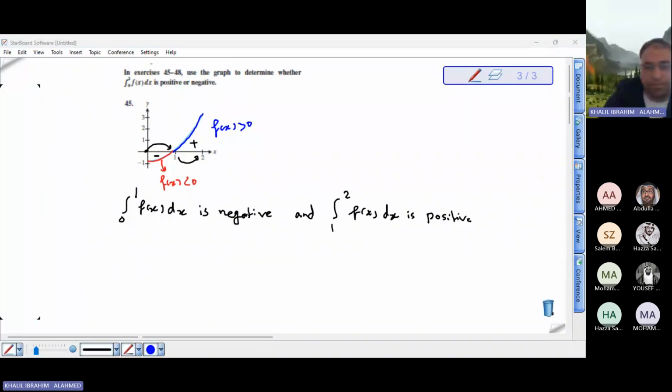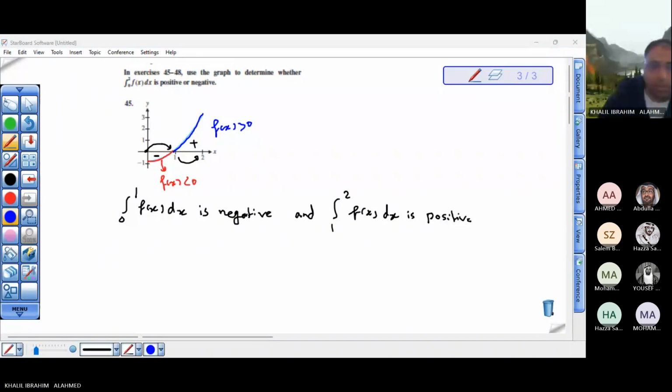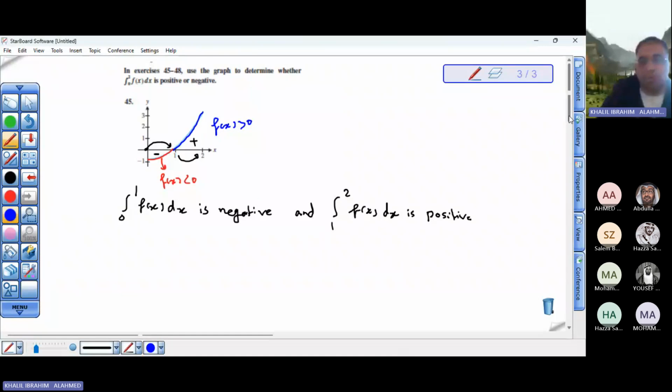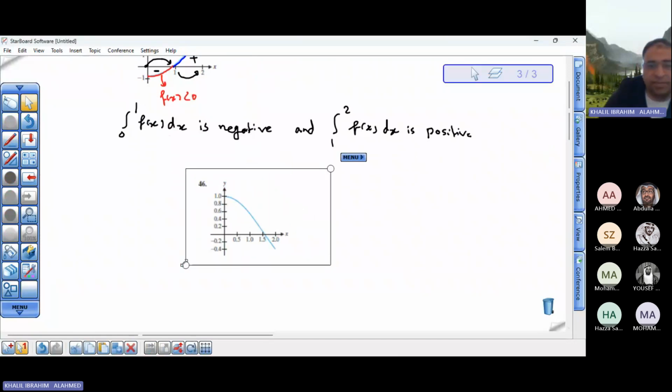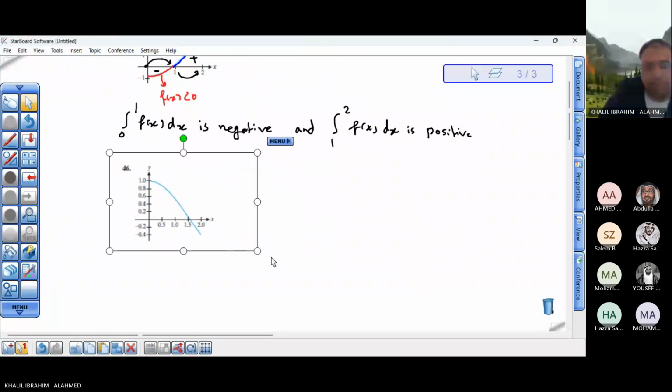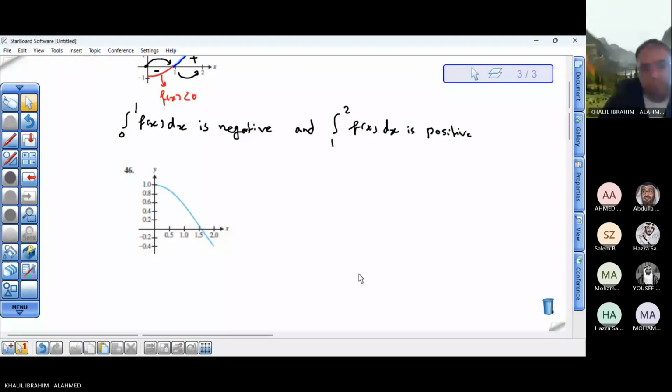Here, in this example, where is the integral positive? Where is the integral negative? From 0 to 1.5 positive, from 1.5 to 2 negative. Excellent, well done.